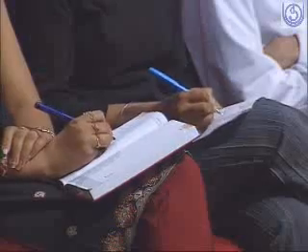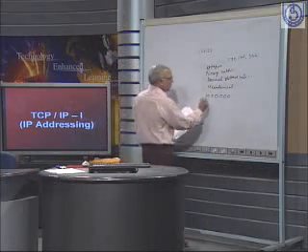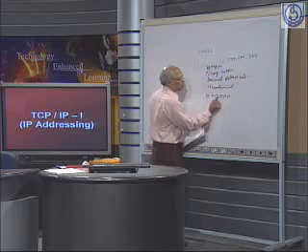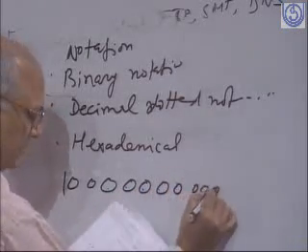So I have to define 4 bytes, or sometimes we call them 4 octets. 1 byte is also called 1 octet, and 1 byte comprises 8 bits. So this is my first one, 1, 2, 3, 4, 5, 6, 7, 8. Then I am defining something.